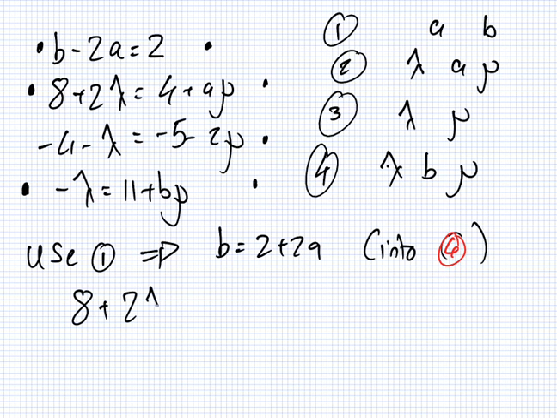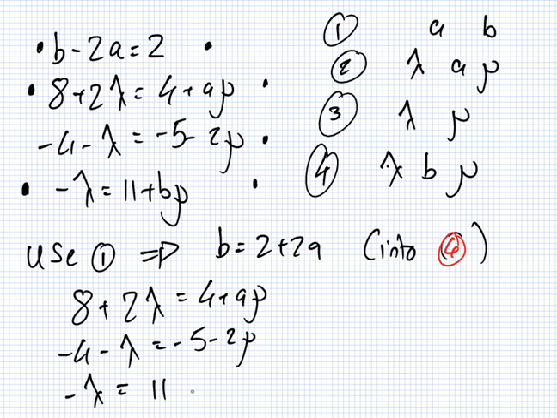8 plus 2 lambda equals 4 plus A mu, minus 4 minus lambda equals minus 5 minus 2 mu, minus lambda equals 11 plus B, which we said now is 2 plus 2A mu. Now let me just clean these up.